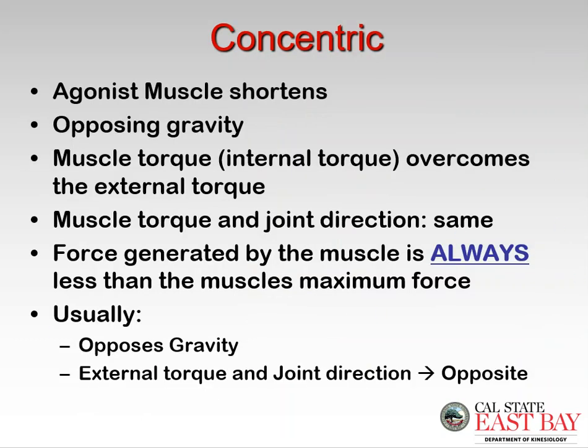For a concentric contraction, a few things to keep in mind. The agonist muscle shortens, which is a very rudimentary definition of concentric. Another definition is that it opposes gravity, so you're lifting a weight. Another way to define it is that the muscle torque, or internal torque, overcomes the external torque.